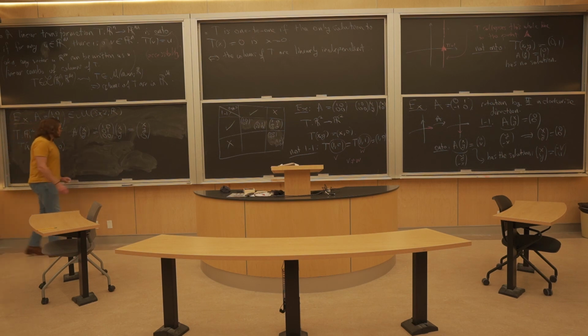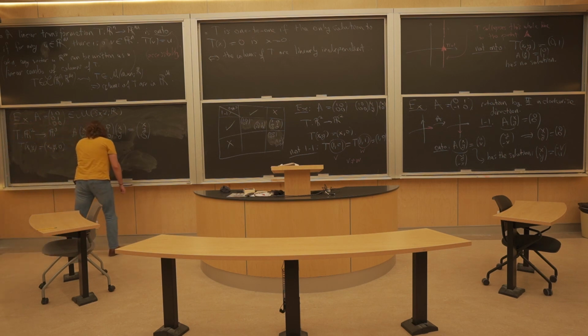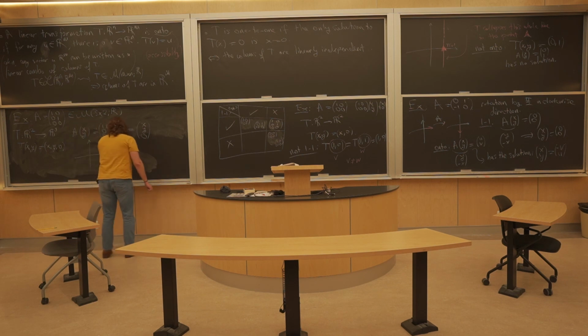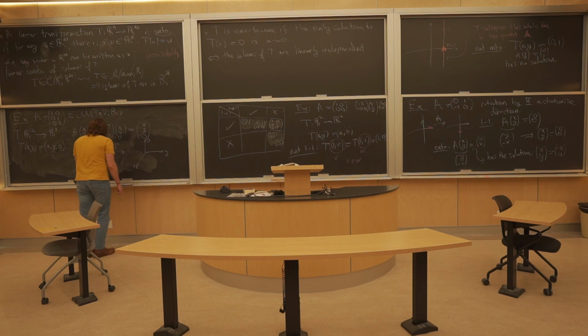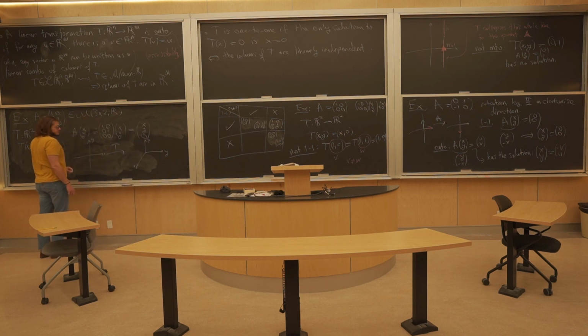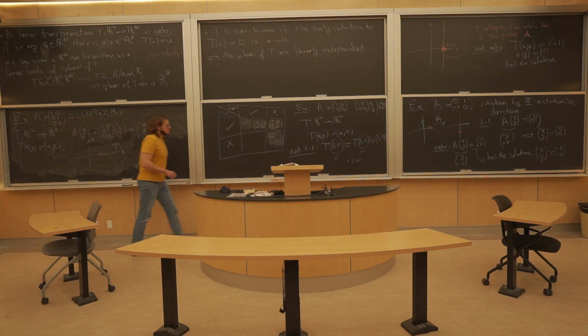How can I think of this geometrically? I have a two-dimensional space here, and T is going from here to three-dimensional space. Let's say this is x, y, z, and this is, let's say, x, y.